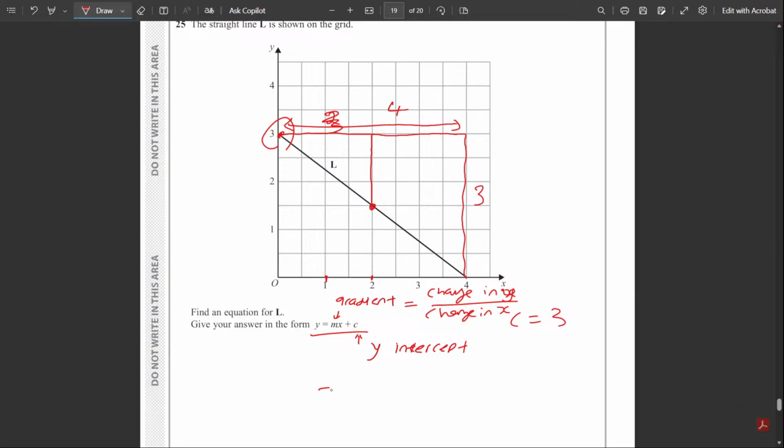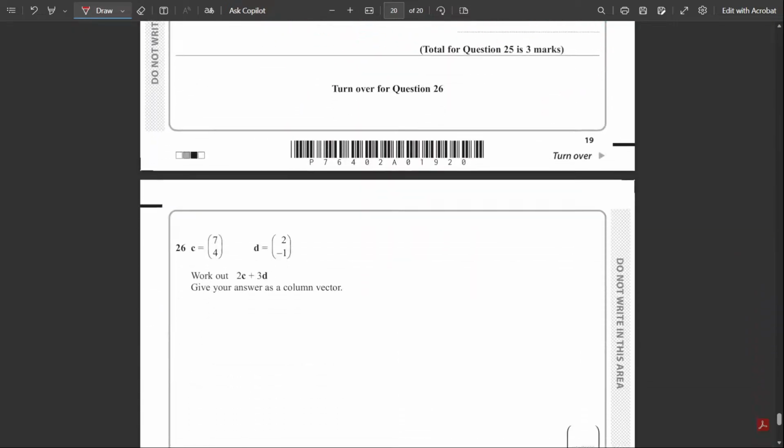So change in y is 3 divided by change in x, which is 4. So the gradient is 3/4. That's our m. So we can say y is equal to 3/4 of x plus 3, that's the c. That's your equation of that straight line.